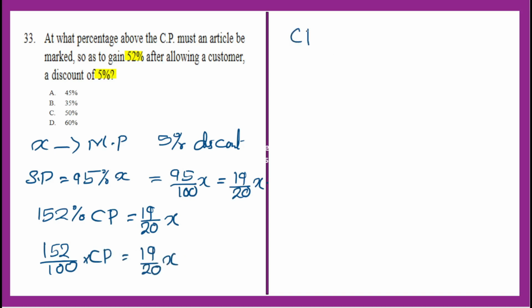Then CP is 19 times 100 by 20 times 152x. After simplification, we got CP as 5 by 8x.